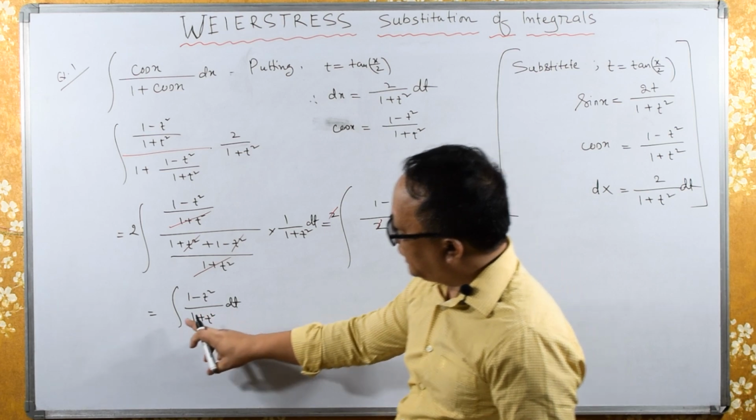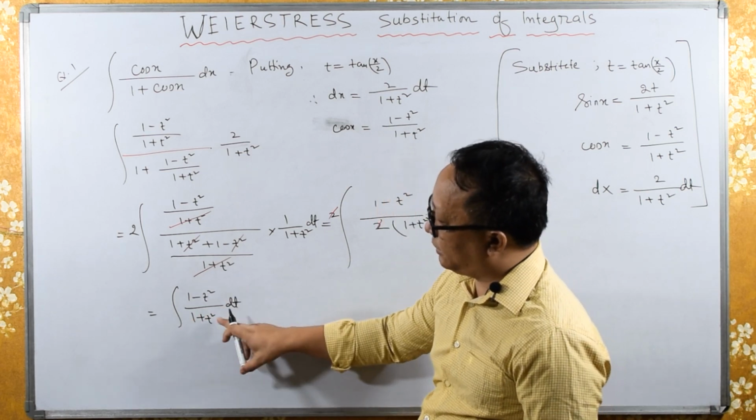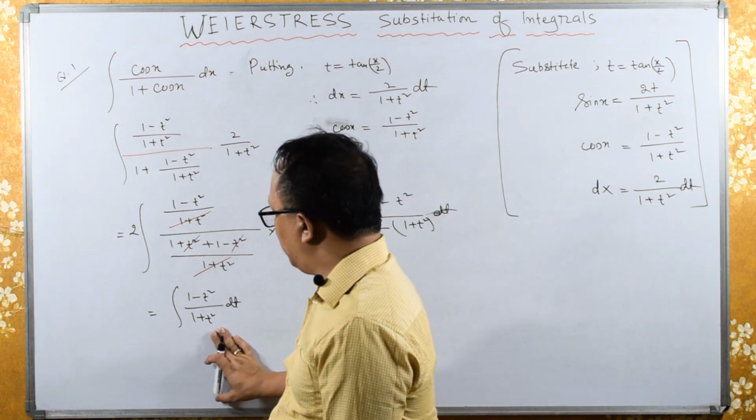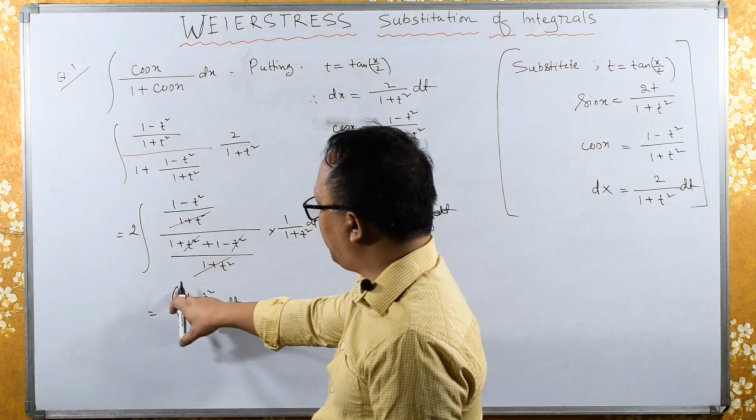Now this can be written using the division algorithm. You can divide this upon this.